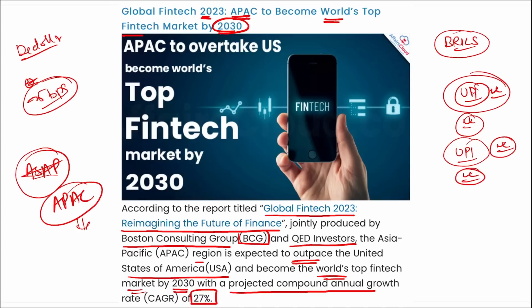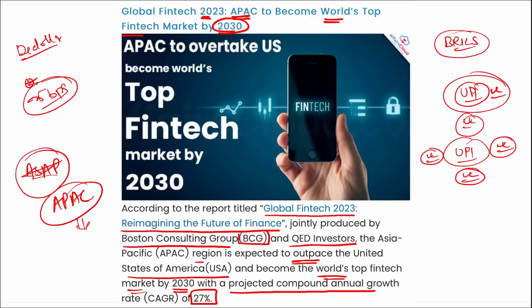Earlier a certain amount of charge was applied, but after the introduction of UPI it has become free. Because of this we are seeing that almost every shop in India has these barcodes or UPI QR codes, just by scanning which an individual can pay for the services or goods that he bought.